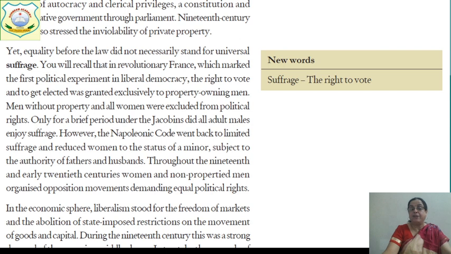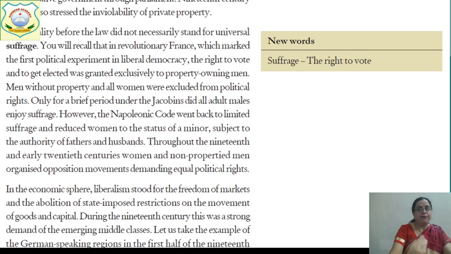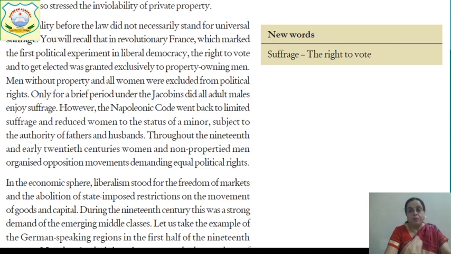In France, in the very beginning I'm talking about, it gave the right to vote to only property owning men, children. Men without property and all women were excluded from political rights. Only for a brief period, and that was under the Jacobins, did all adult males enjoy suffrage.